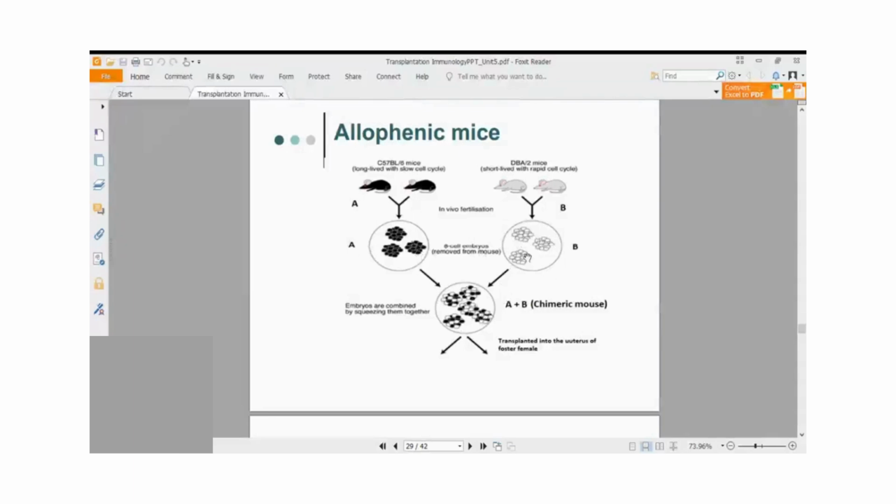The blastocysts which are aggregated will separate out into individual cells. After separation, they were put back in another culture, and all these cells came together randomly and fused.